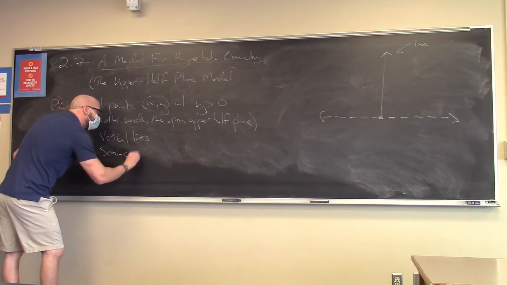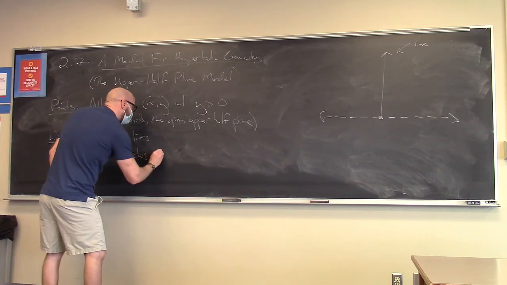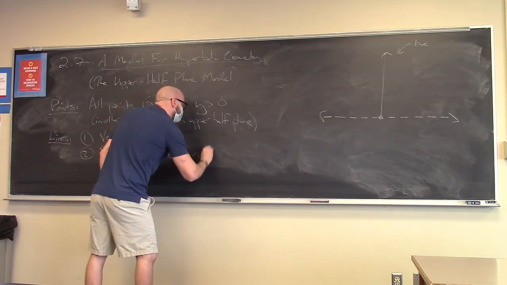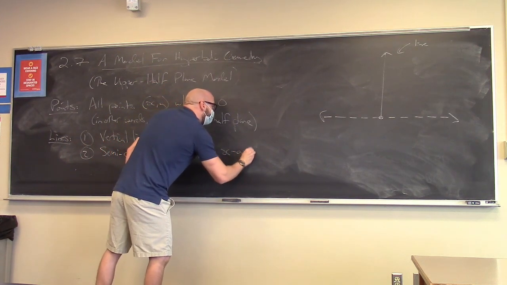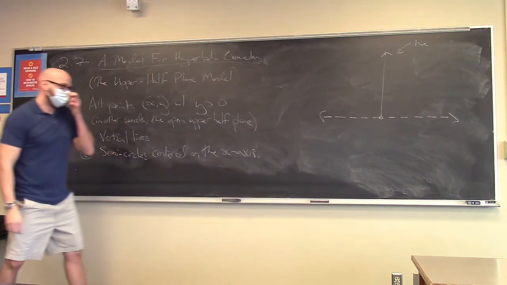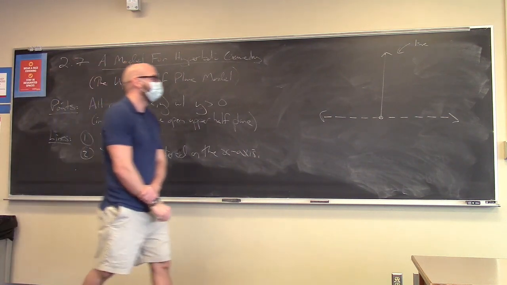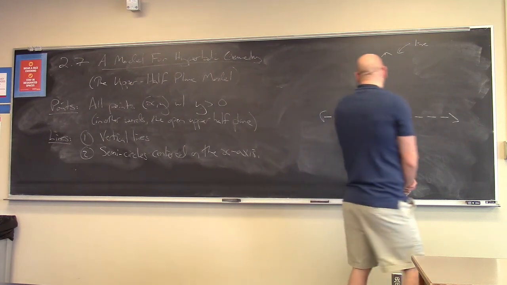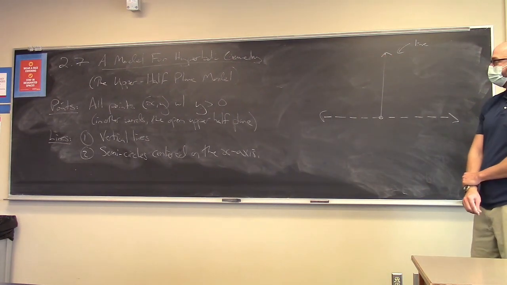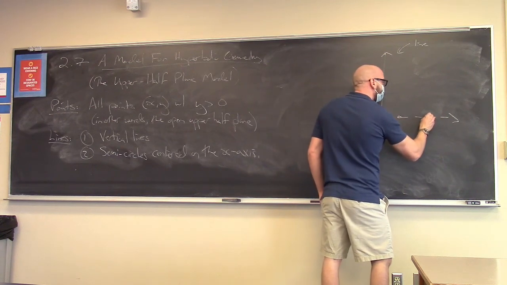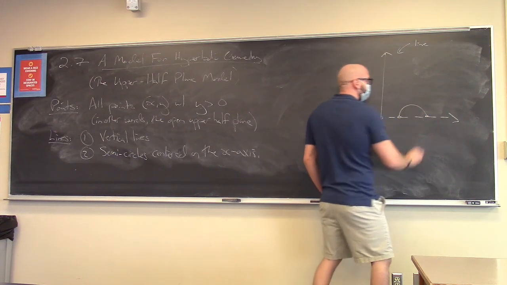These are actually semicircles centered on the x-axis, on this boundary. So here, for example, is another line.